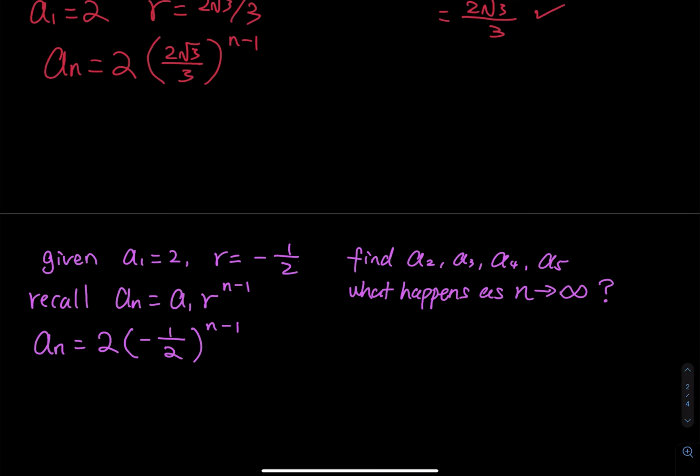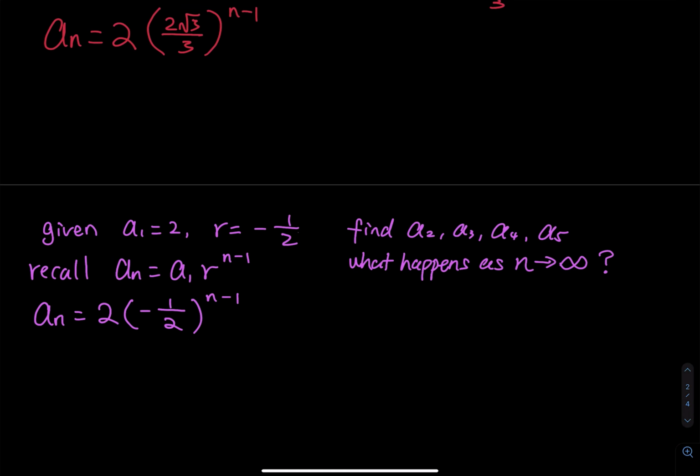I don't want to change stuff while I am talking, filming, and recording, because that is so easy to make a mistake. I prefer to stick with my notes by changing the r back to negative 1 half. You can try negative 1 over square root of 2. That's fine. That doesn't change the result too much.